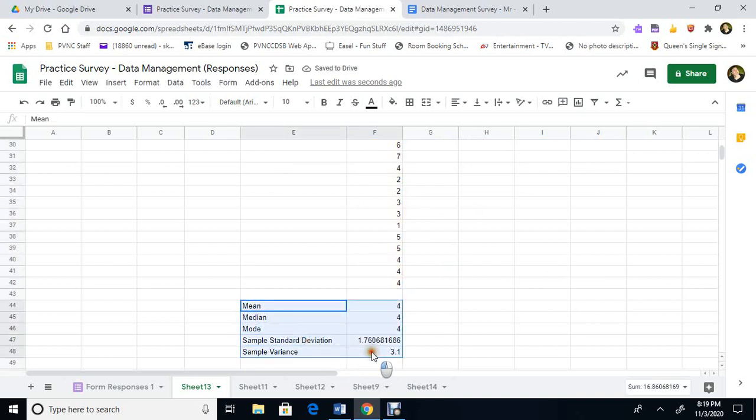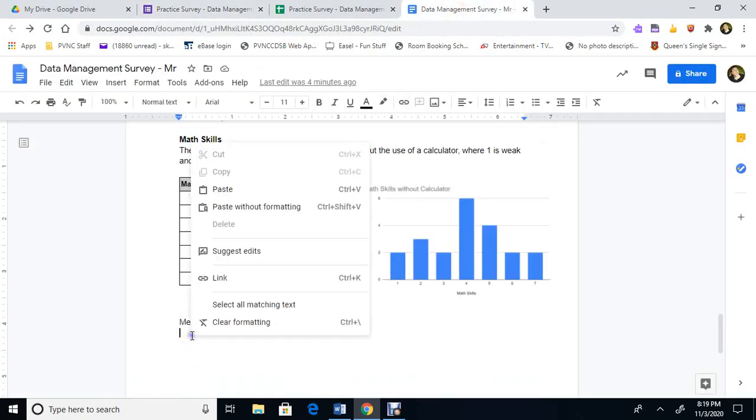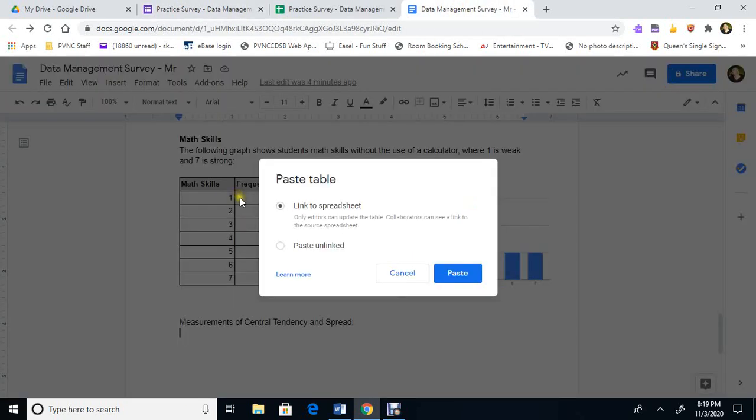I can put a box around all this. I think I've got them all. I'm going to copy it, go over to my document, and paste right here.